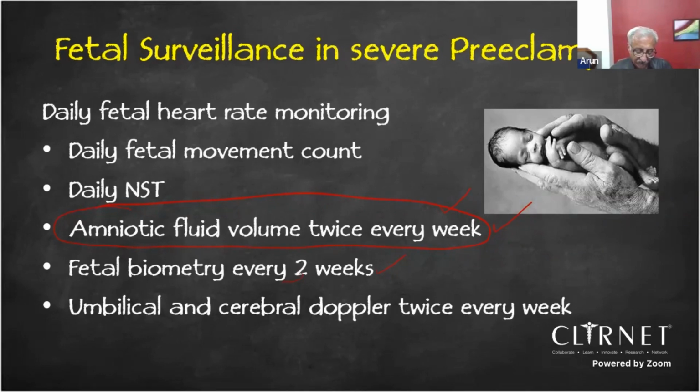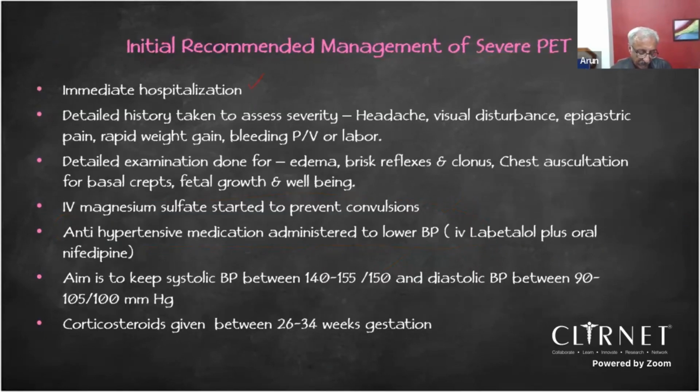Initial recommended management of severe PIH: immediate hospitalization, detailed history taken to assess severity, headache, all these things, detailed examination for edema, brisk reflexes, clonus, chest auscultation, and IV magnesium sulfate started to prevent convulsions. This is for severe PIH, all right? Antihypertensive medication administered to lower blood pressure.